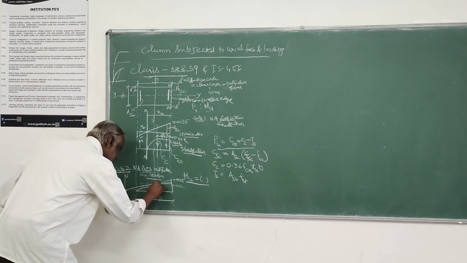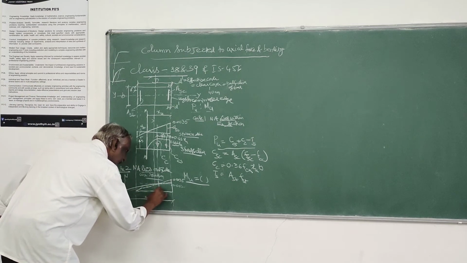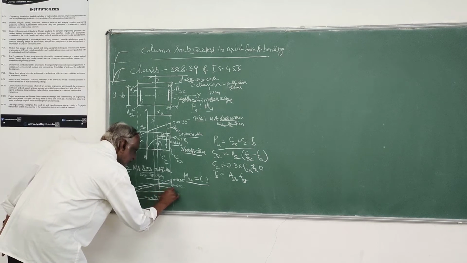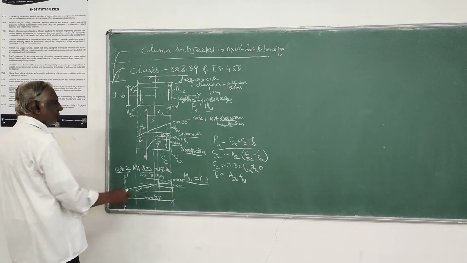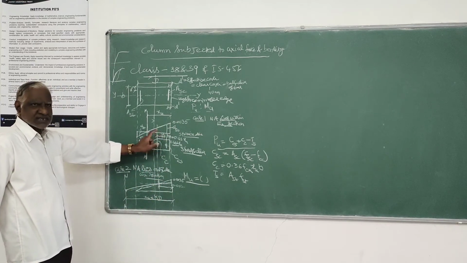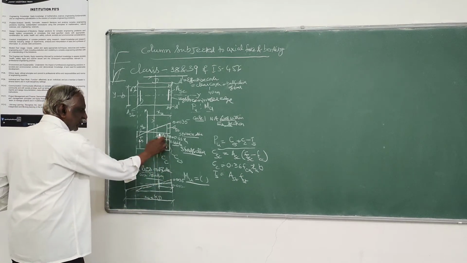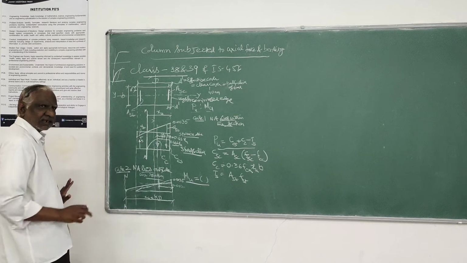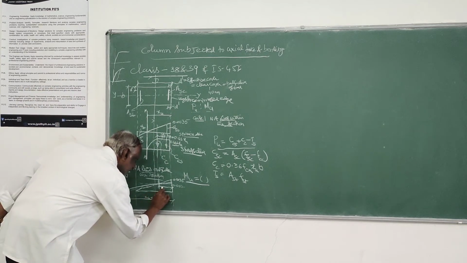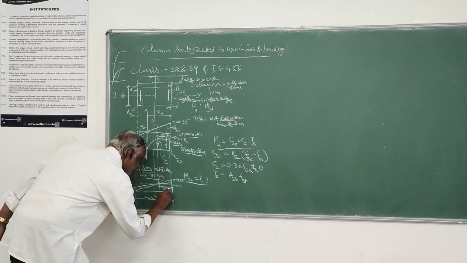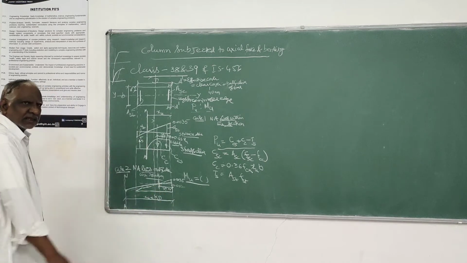And this intersection point will be at a distance of 3/7 of xu, that is the same as this, that point will not alter. So up to here, the variation is linear, and this is 3/7 of xu.